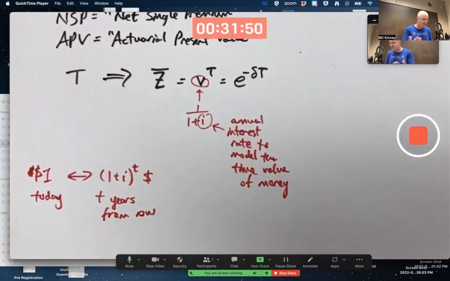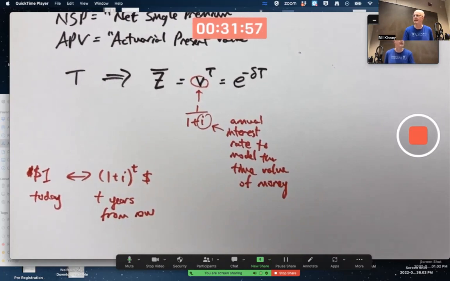If i is 0.04, like I think it is in handout number 2, this would be 1.04 to the t. If t is 1, then it equals 1.04. Effectively, you're saying $1 now is worth the same as $1.04 one year from now. Of course, that's a bigger deal if you're talking about larger values of money. $1,000 today is equivalent to $1,040 one year from now.